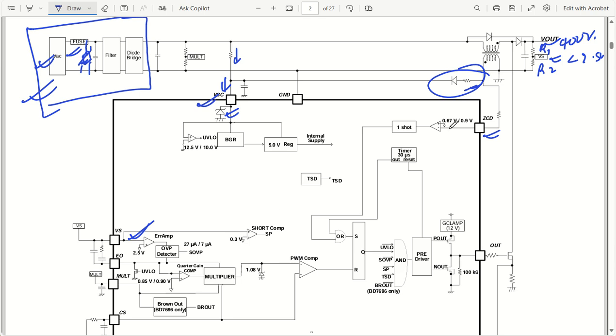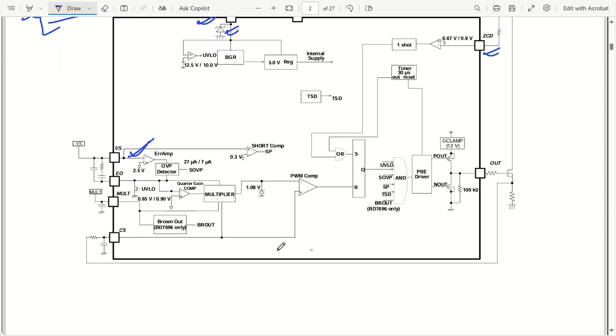And similar to that, zero cross detection will be deciding based on this, whenever you have to have the output. So based on this VS pin, that is your feedback pin, it decides, and it shuts down if it is having short compensation or something like that. Our main aim is to understand how this particular decision will be done, and it will be deciding about the pre-driver circuit, and this is our push-pull MOSFET configuration.